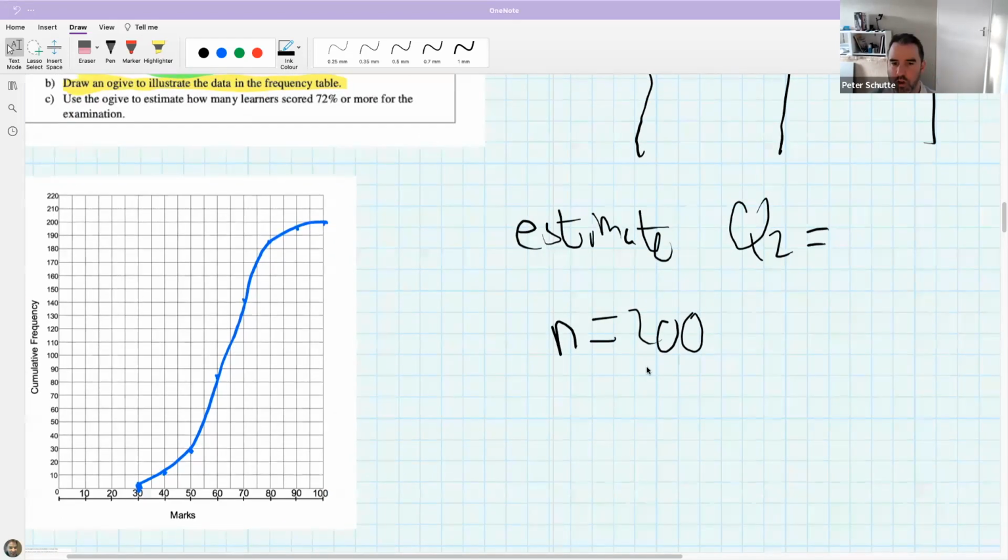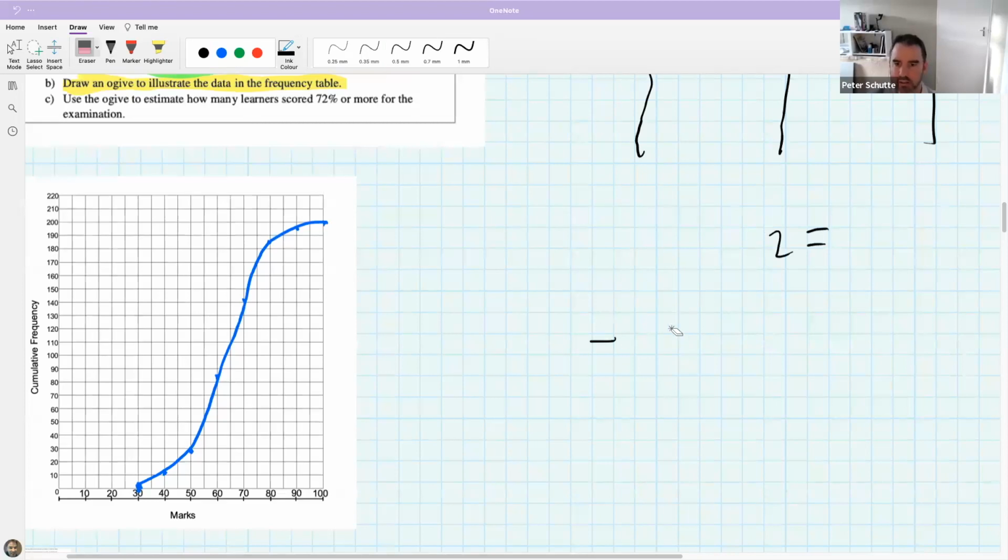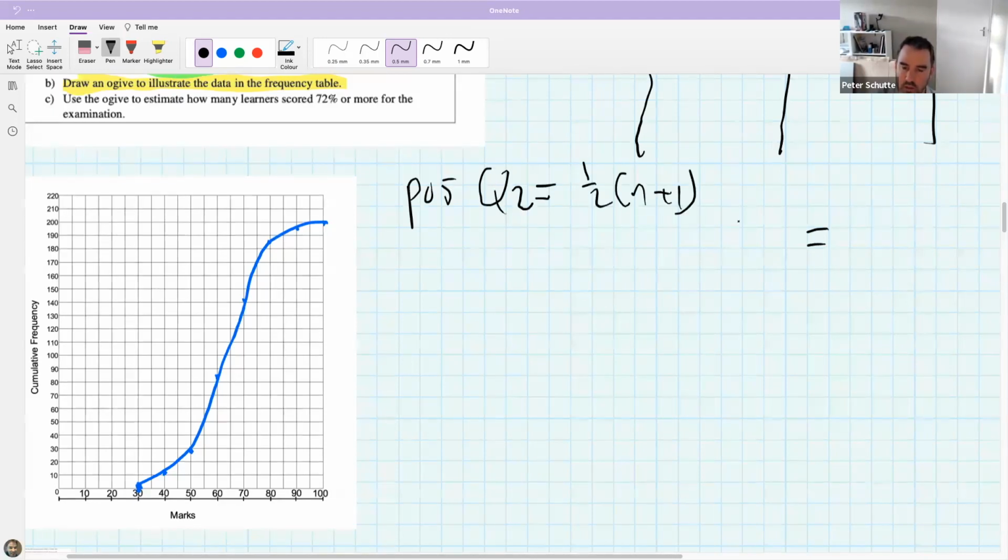So if you know N is 200, what do you think an estimate for the median accounting mark will be? So first of all, we calculate the position of the median. Which is going to be 100.5.